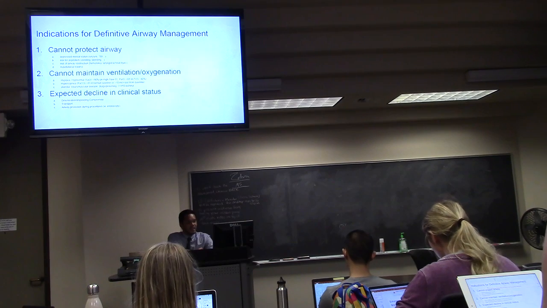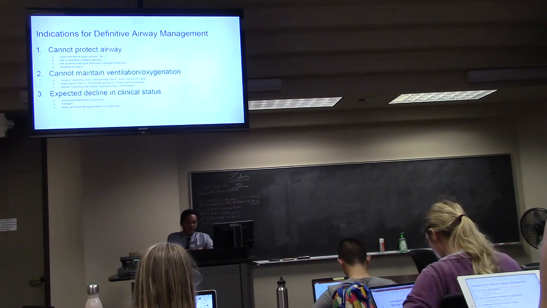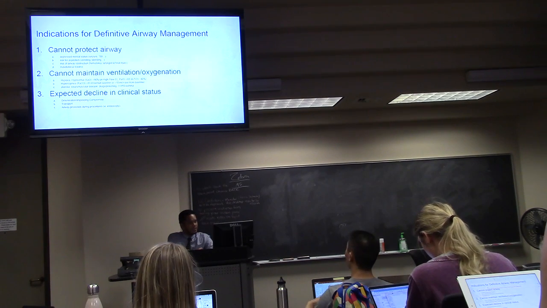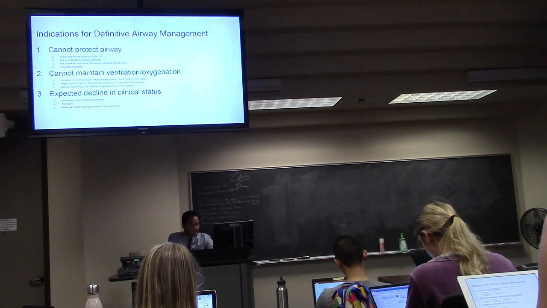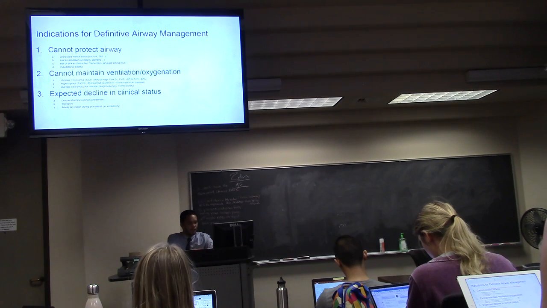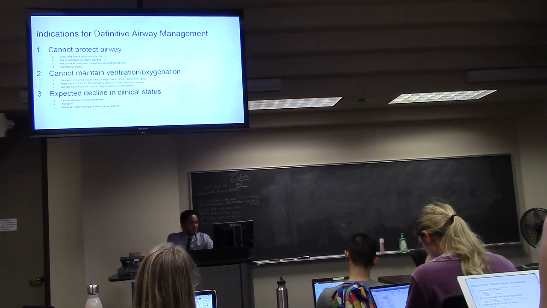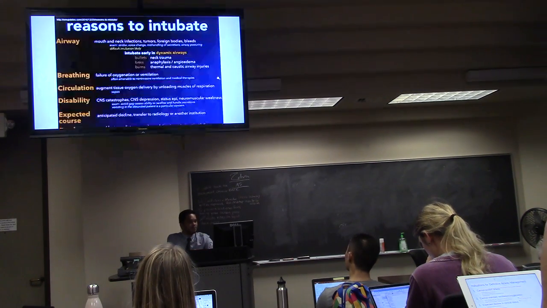Or a COPD patient who is becoming more and more somnolent because their CO2 is going up, probably needs to be intubated. And if you think that the patient, say somebody with an epidural who is stable, will decline or needs to be transported somewhere, they should be intubated before they code.